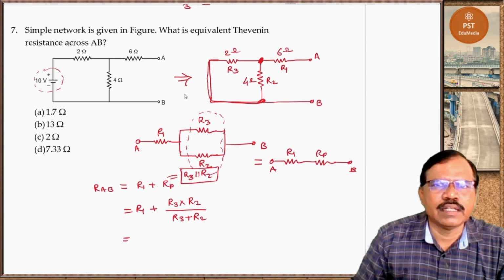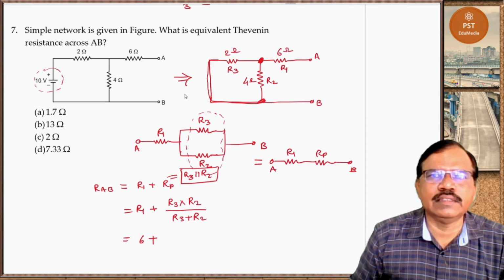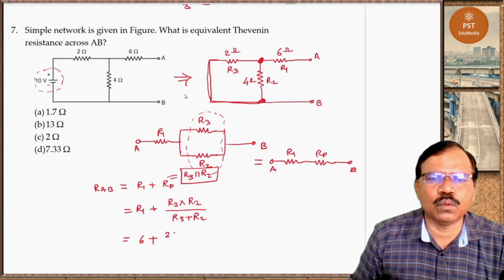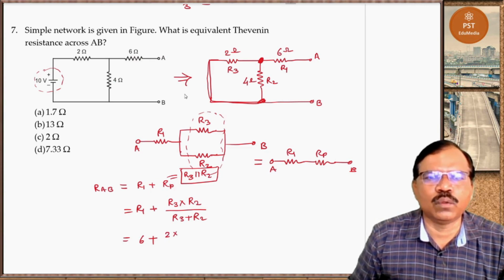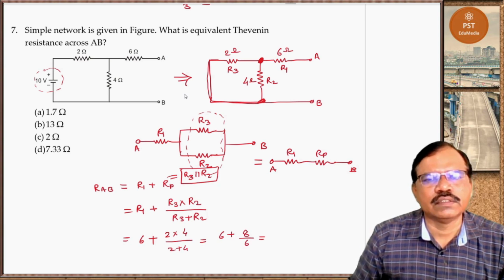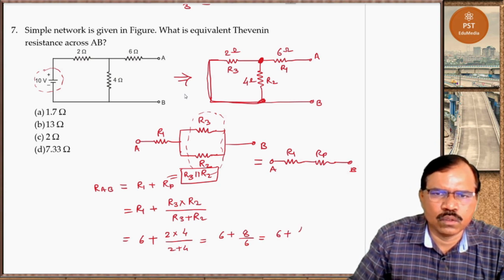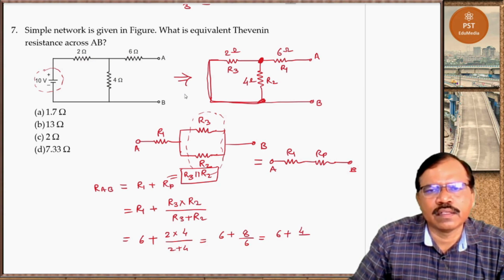So here we get, now what is R1? R1 is 6 ohm plus R3, which is 2, into R2, which is 4, upon 2 plus 4. So here 6 plus 8 by 6. 6 plus 8 by 6 means you can write 6 plus 4 by 3.